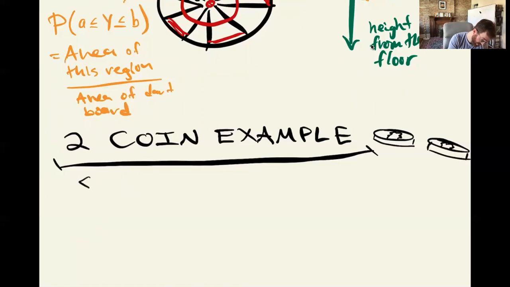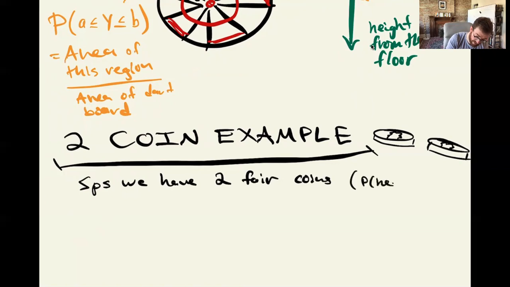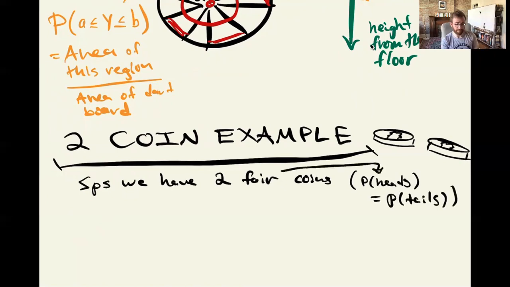All right, so suppose we have 2 fair coins. This means that the probability of heads is equal to the probability of tails. That's what fair means. And now let's suppose I toss both of them at the same time.